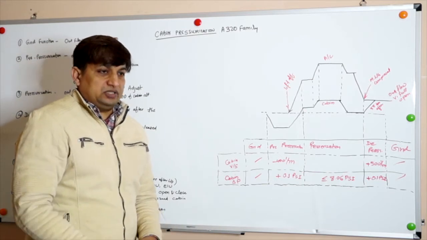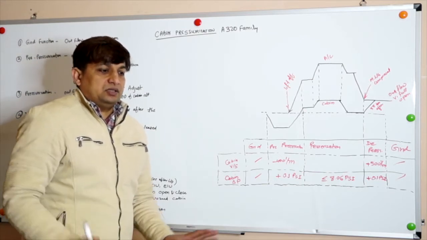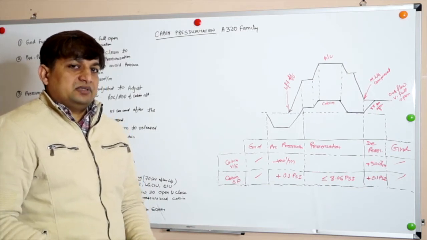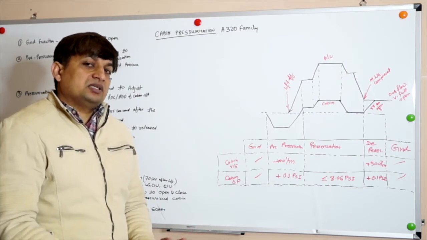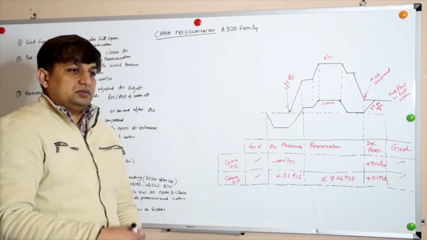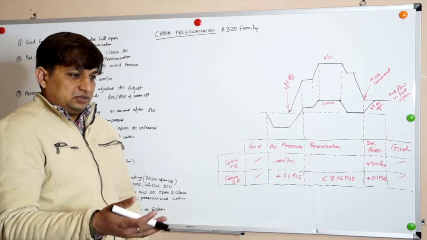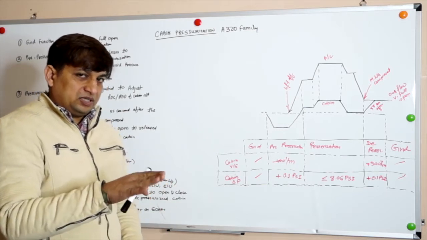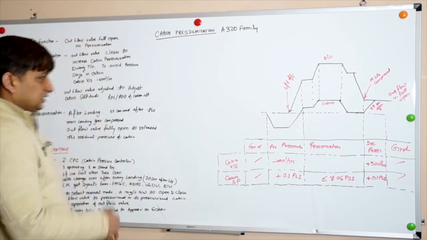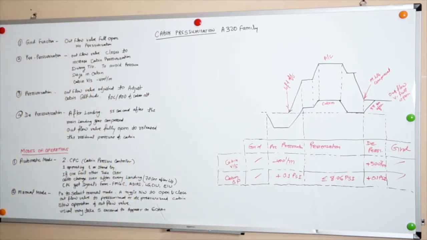If it is fully closed, then bleed air and air conditioning will keep coming inside the cabin, and the cabin pressure will keep increasing. When it reaches the required value, the outflow valve will keep opening, closing, and partially opening to maintain that. So that is the main role of the outflow valve.